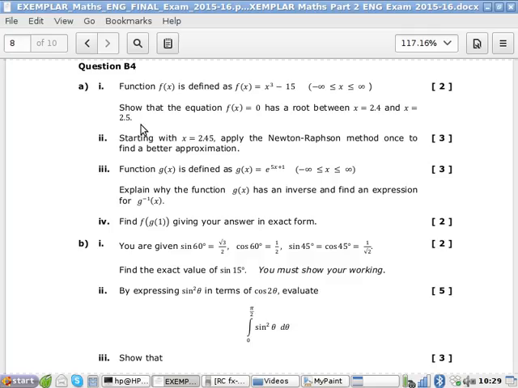You have to do it the other way. Which way? This cubic should be positive at 2.4 and negative at 2.5, or the other way. One should be positive, one should be negative. If one is positive and one is negative, it means it crosses the axis in between. It's only 2 marks, you see, so it has to be short.